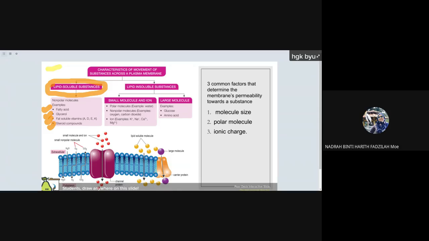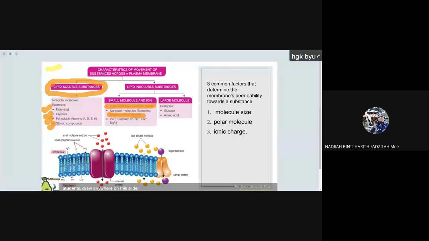Tetapi anak-anak, however, if the molecules are very small, like water or gases, walaupun dia lipid insoluble, tidak larut lemak, tetapi molekul seperti air, oksigen and carbon dioxide are very small, sangat kecil, boleh menembusi phospholipid bilayer.